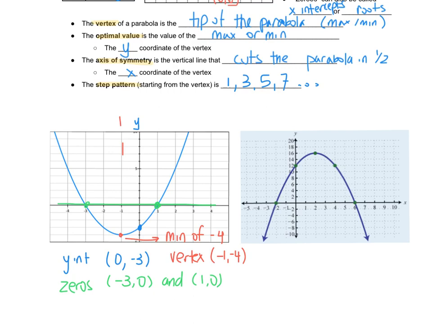And the vertex is also the point where my parabola is split in half, so that my axis of symmetry, which I'm just going to shorten as AOS, has the equation x equals -1. And I can see here that my parabola opens up, and there we are. That's perfect.